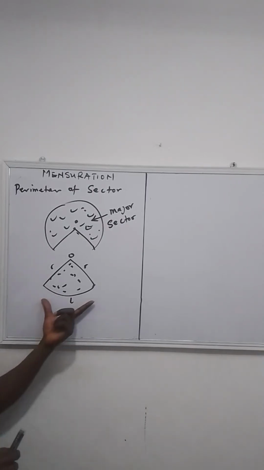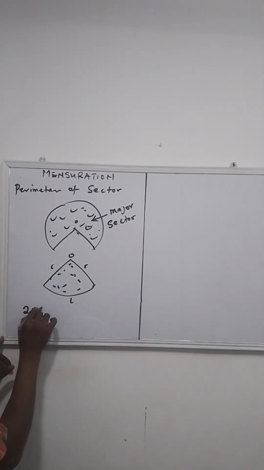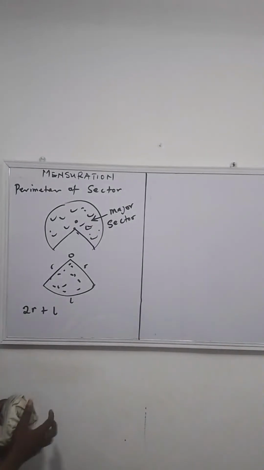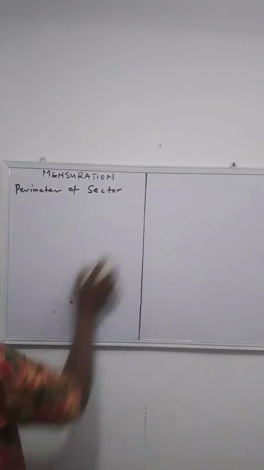So now the perimeter of this sector is going to be 2 radii plus the length of arc. That gives us the perimeter of the sector. And that is what we want to do now. So I hope you all understand that. Okay, so let us look at some questions on the perimeter of a sector.